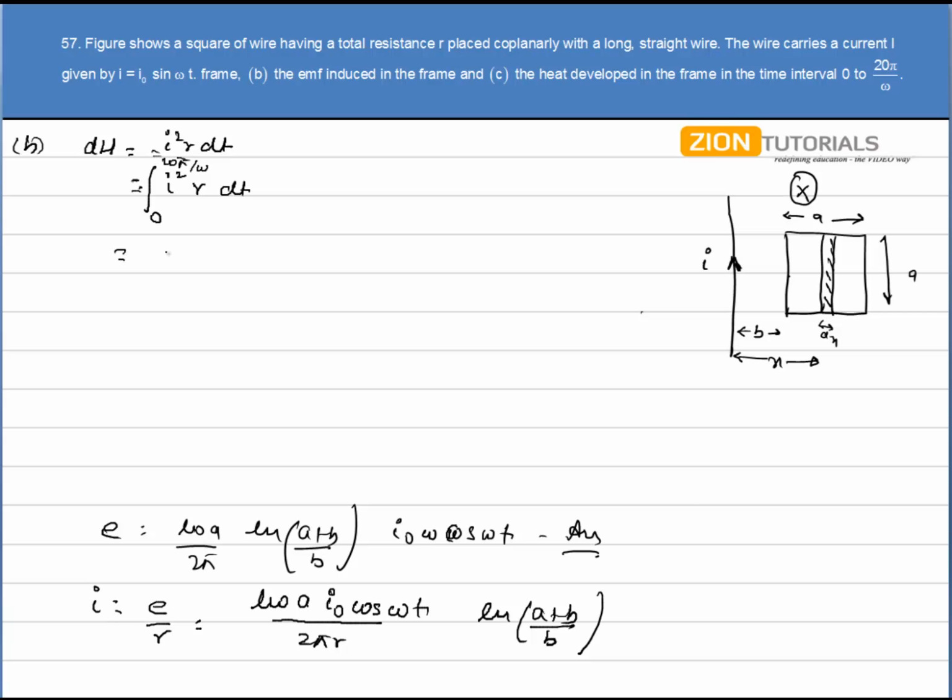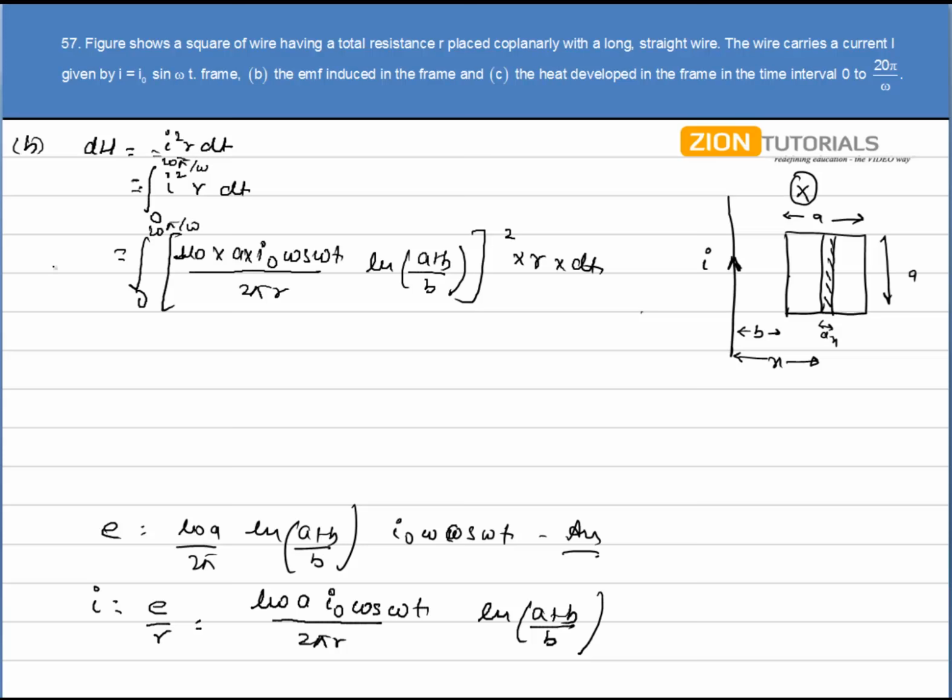So I have mu naught A I naught cos omega t by 2 pi R natural log of (A plus B) by B, whole square, into R into dt, integrated from 0 to 20 pi by omega.